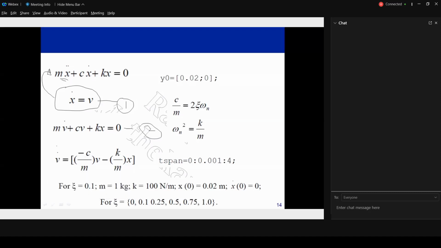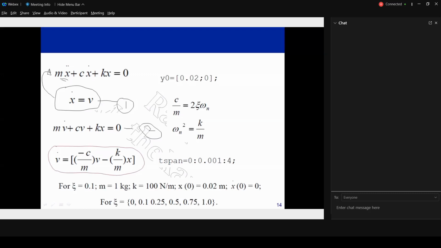The second one is this. Clear? So I have two differential equations.